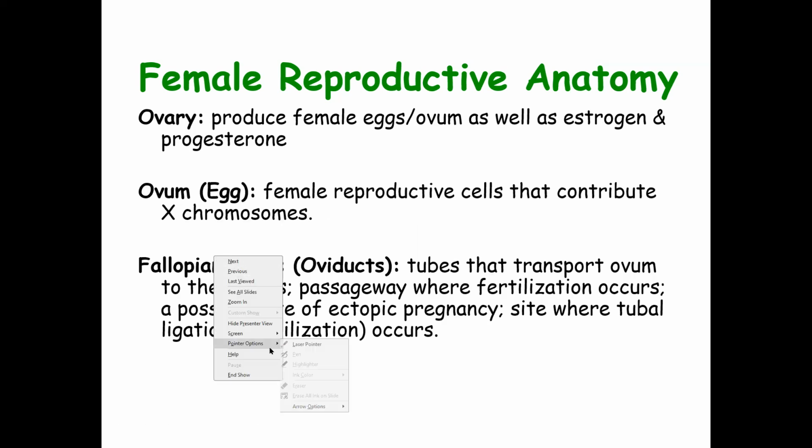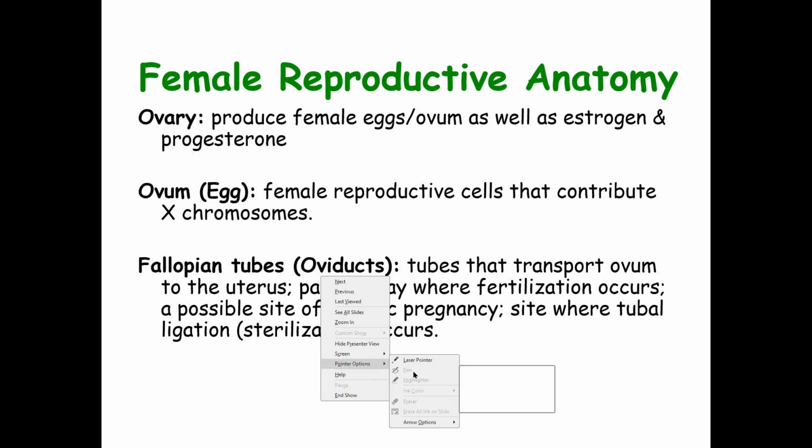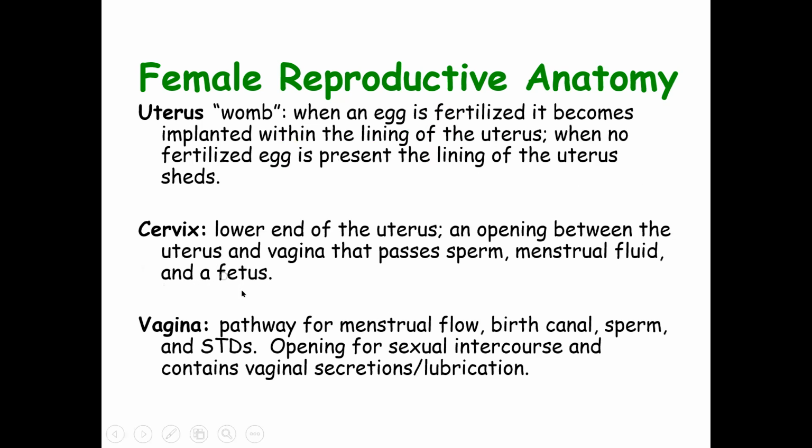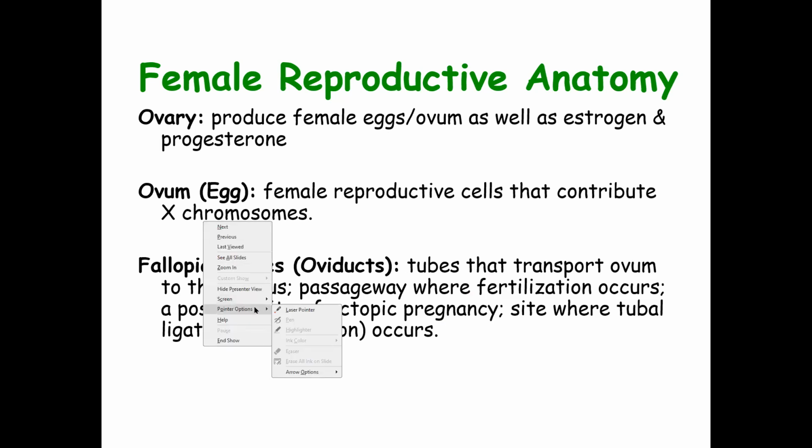And the egg, of course, is the female sex cell. Sorry, one second here. Technical difficulty. It's not working. All right, I'll figure that out later. So primary sex organ, right?